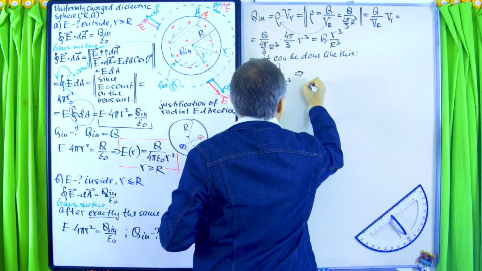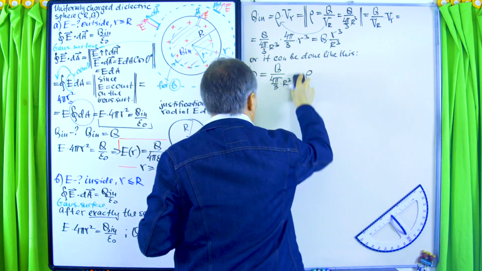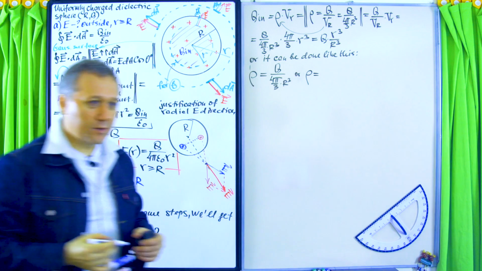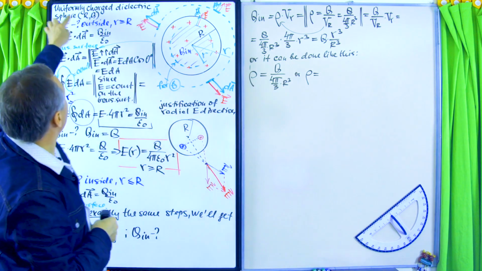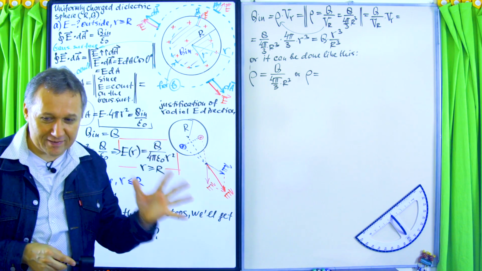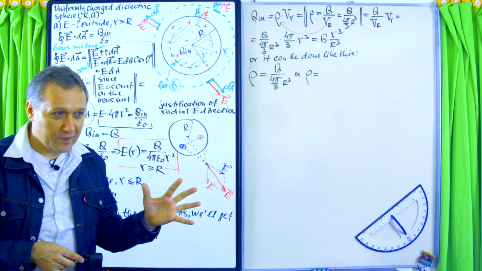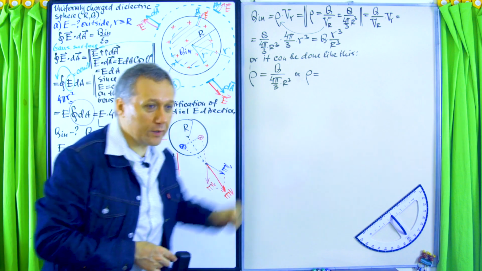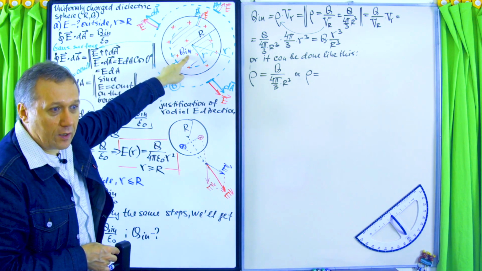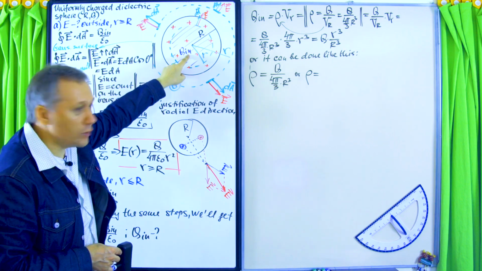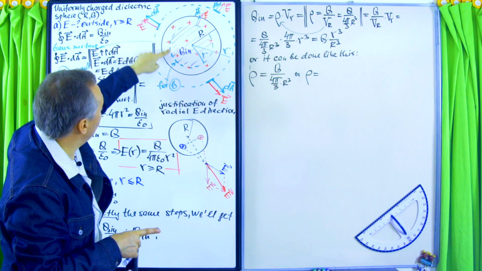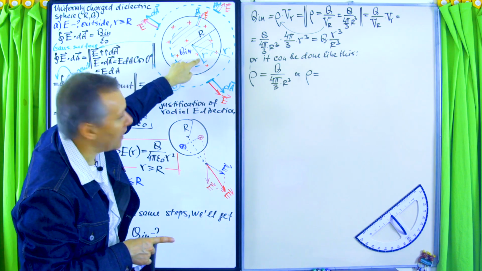Or how else can rho be found? Because we have uniform charge distribution, charge density is exactly the same. Can we write rho in terms of Q enclosed? I know that this Q enclosed is uniformly distributed over this sphere with radius r small.